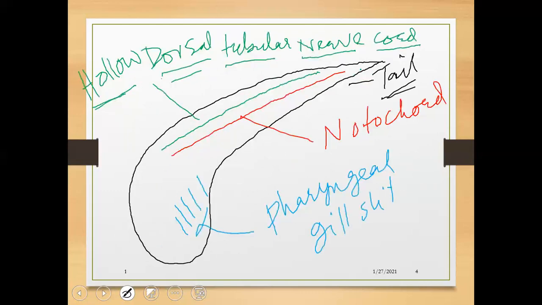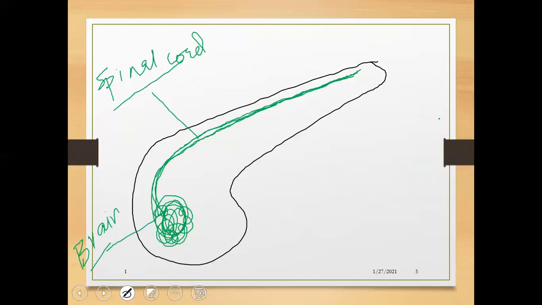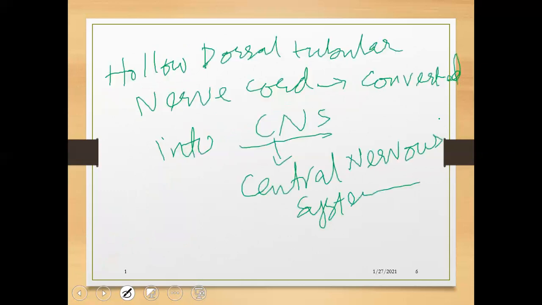And next, this is the notochord. On the basis of the notochord we use the term chordates. Chordates are those organisms that possess the notochord in their body. So what is the notochord?